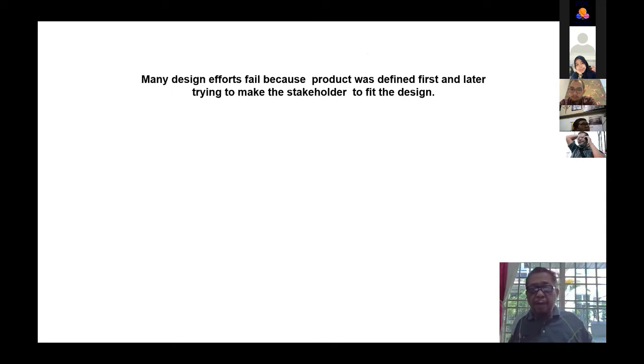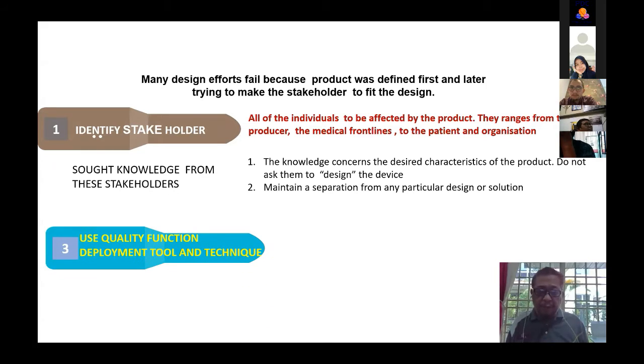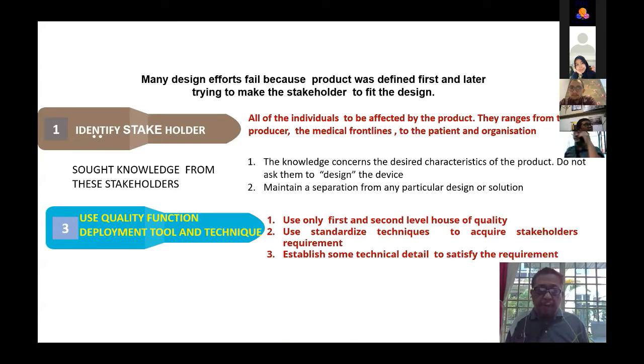And the purpose of identifying the users' needs is that we want to make sure that the product will be used by the user. But many designs, not only medical products, but most products that are designed without considering the user always fail. Yeah, always fail if there is no consideration of the user.